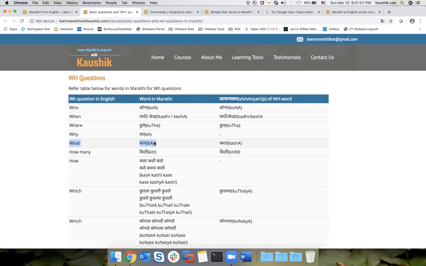Learners usually get confused between these two, ka and kai. So when you have to say, what do you want? It will be kai pahije. And you have to say, why do you want? You will say, ka pahije.